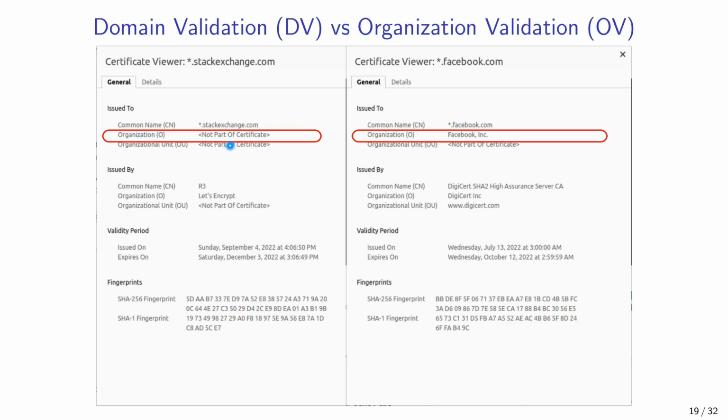For Stack Overflow, it is empty, while in the Facebook certificate, we can see that this certificate has been issued for Facebook Inc. But that is of little value because most users will not click through the certificate to notice that the certificate has received stronger identity verification. And therefore, unfortunately, the stronger identity verification levels do not increase the security of Web PKI.